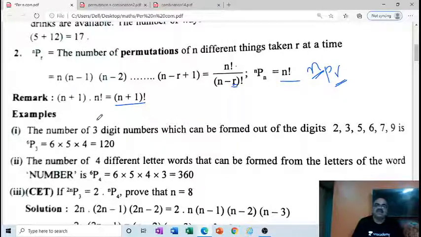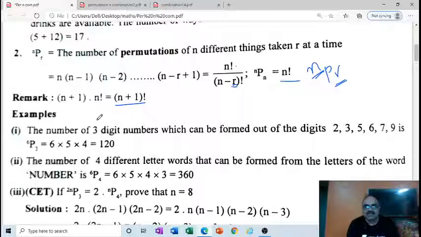The number of 3-digit numbers which can be formed out of the digits 2, 3, 5, 6, 7, 9 is: altogether there are 6 digits, and 3-digit numbers need to be arranged.